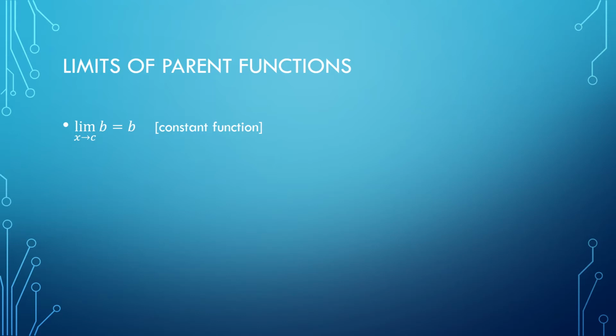As x approaches c, b stays close to b. So, okay, that's an easy limit. Almost as easy, if you have the identity function, f of x equals x, then this is not an axiom, it follows from the definition of limit, but it almost doesn't need to be proved that as x approaches c, x approaches c.